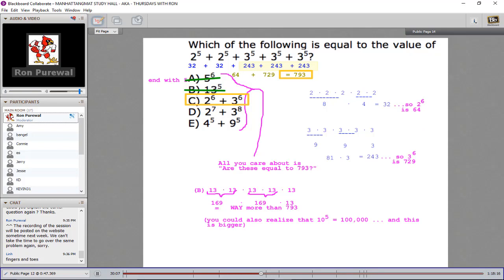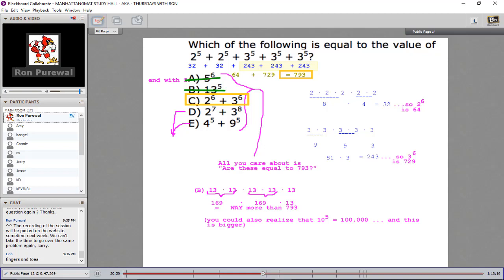And then these are also way too big. I mean, 3 to the 8th is 729 times 3 times 2 more 3s. So that's going to be around 6,000 or 7,000. And 9 to the 5th is 81 times 81 times 9, which is like a 5-digit number.